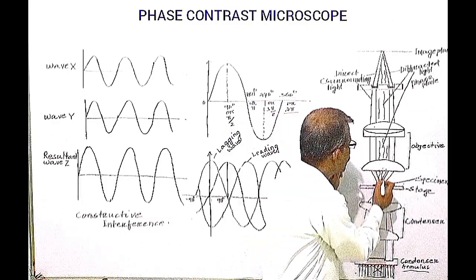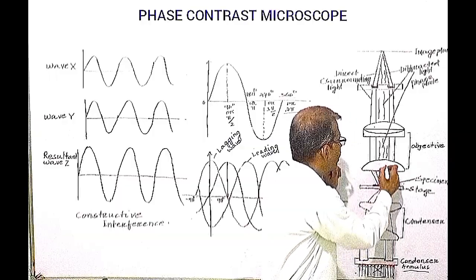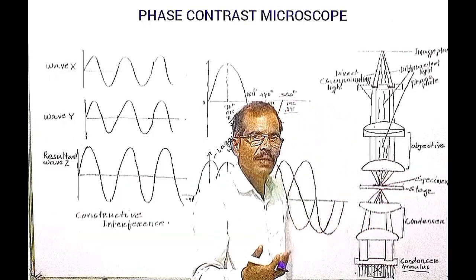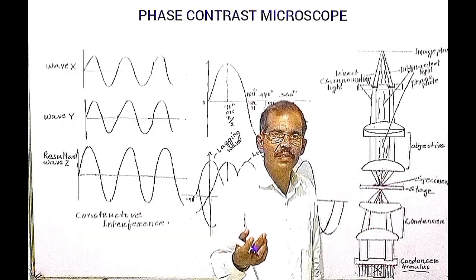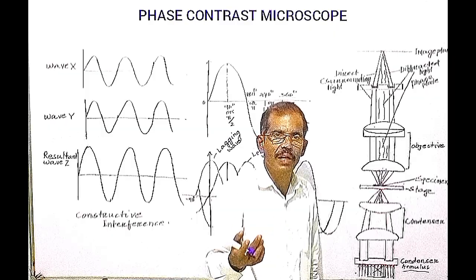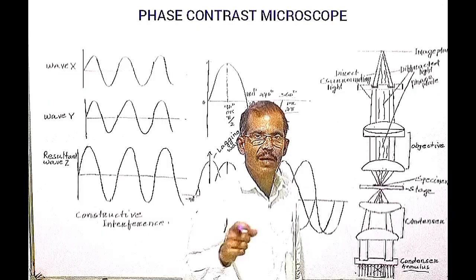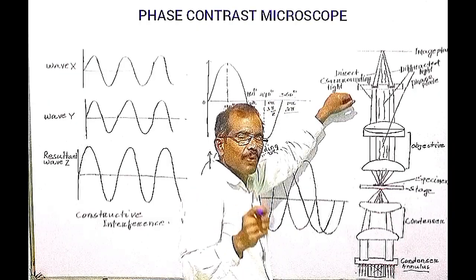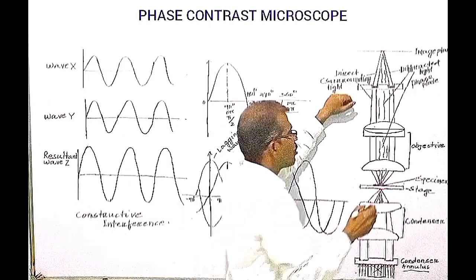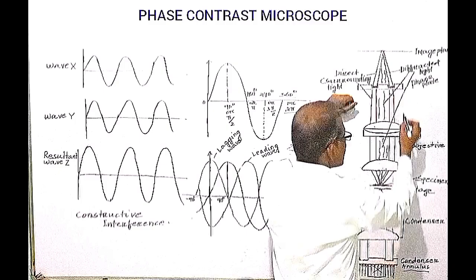These rays are diffracted in different directions depending on the optical density and refractive index of different structures present within the sample. In a positive phase contrast microscope, the phase ring is thinner.